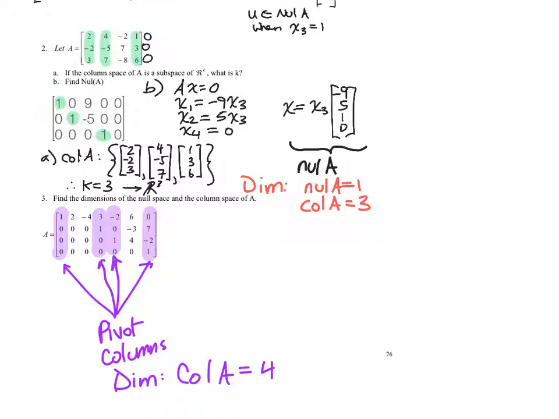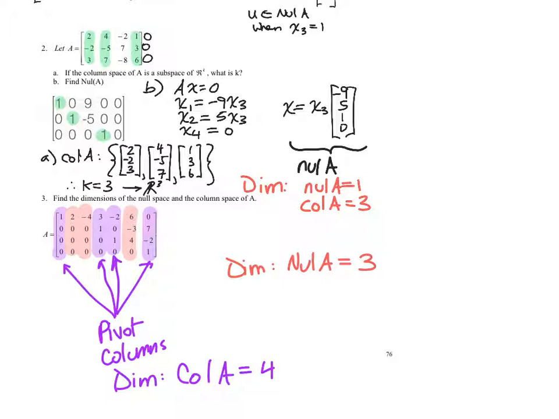So what that means from our perspective is just whatever is not making up the basis of the column space is going to be our null space. So the dimension of the null space of A is going to be 3.